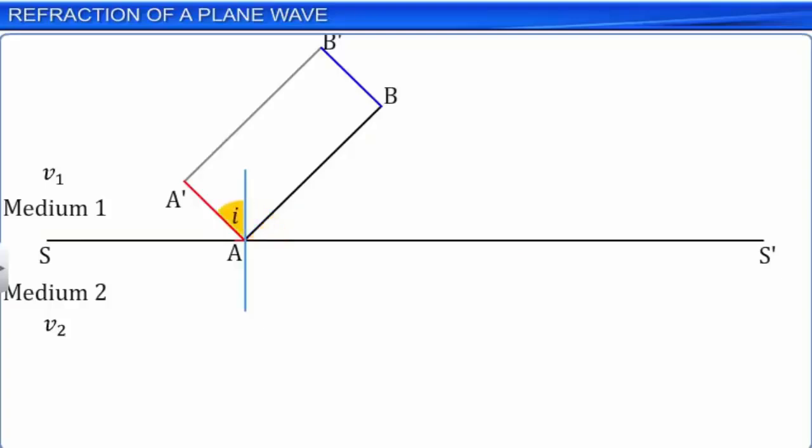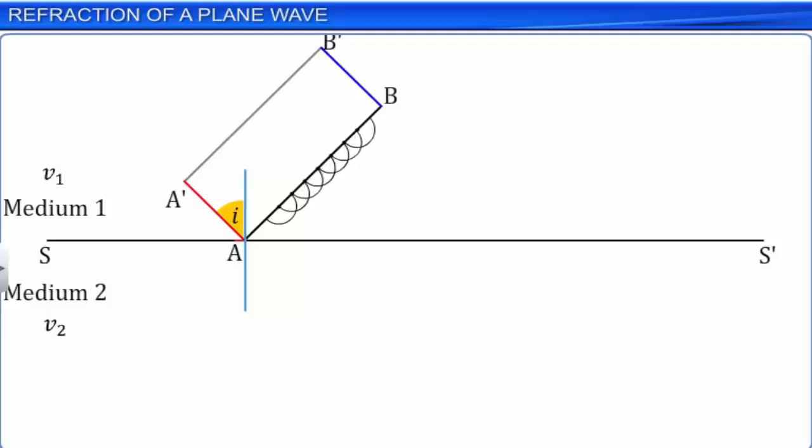Assume that at t equal to 0, only point A of the wavefront AB is in contact with the interface SS'. The shape and the location of the wavefront at any subsequent instant of time can be found by constructing secondary wavelets.